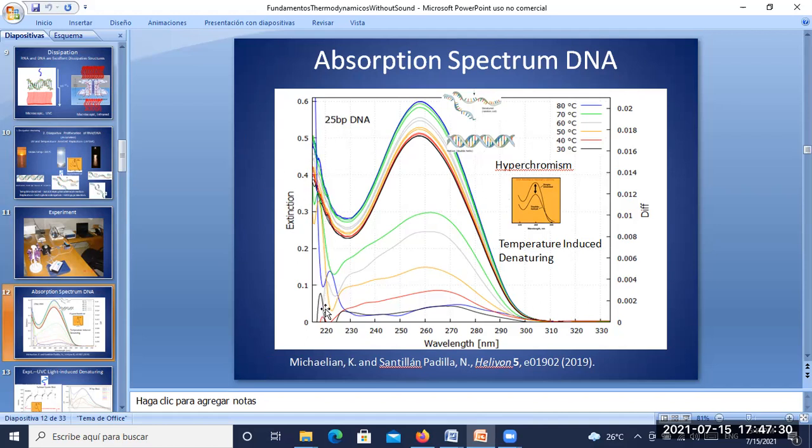Remember what I said about shorter wavelength radiation being dangerous to DNA. Why? Well, it is more energetic, and it makes vibrational states.